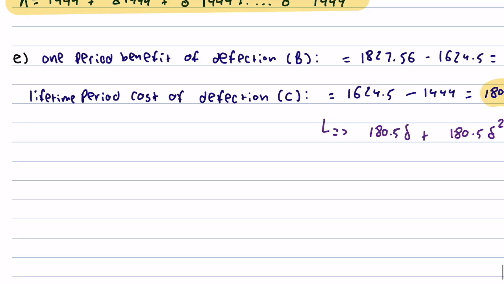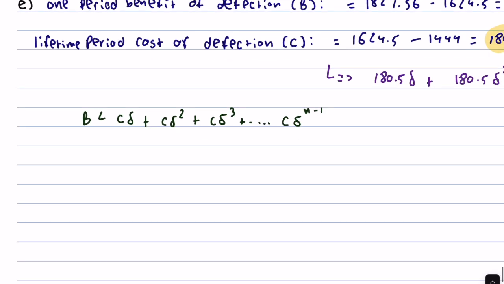We know that the benefit, B, must be less than C times delta plus C times delta squared plus C times delta cubed, up to the cost times delta^(n-1), but we know this goes to infinity, so we don't really worry about the n minus 1. Well, we can actually factor this out.